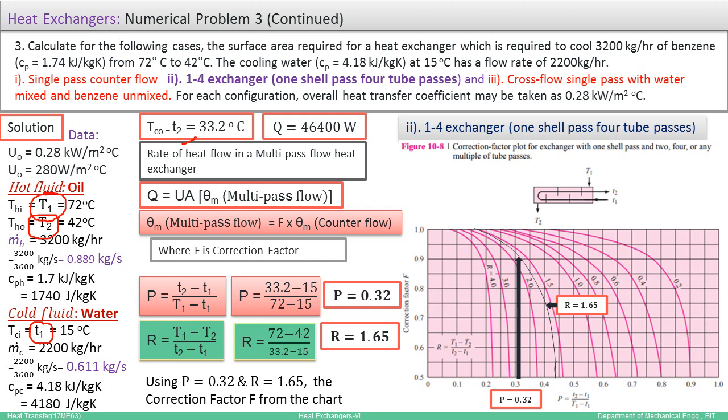So if you check, there is no definite curve for R is equal to 1.65. We don't have a curve, but we just have to assume or imagine a curve there and draw the corresponding projection onto the y coordinate to get the corresponding value of the correction factor.